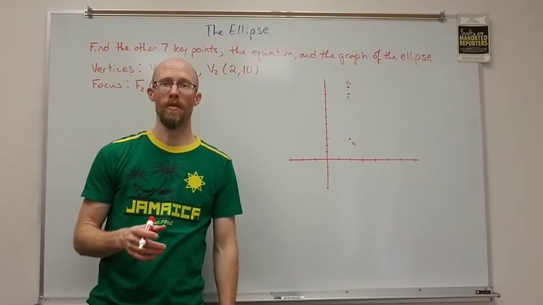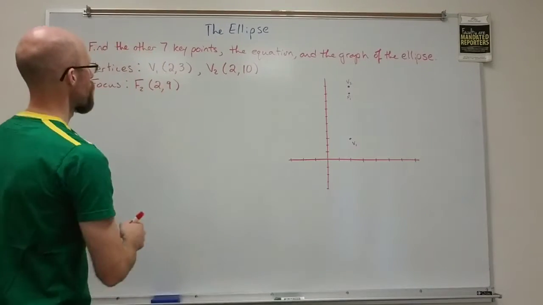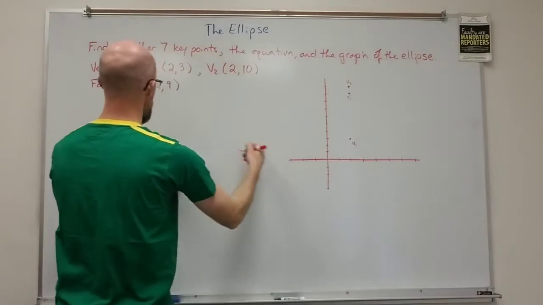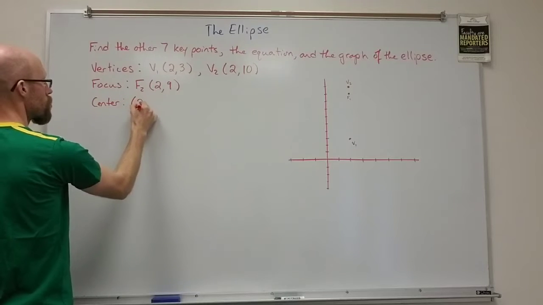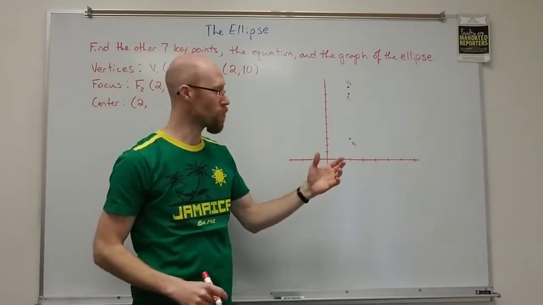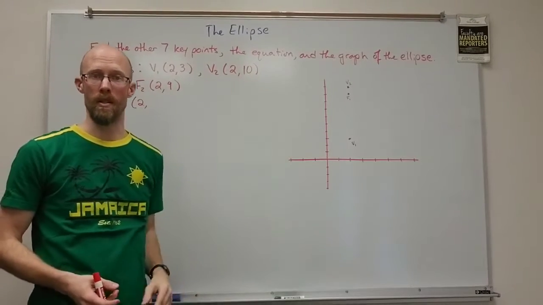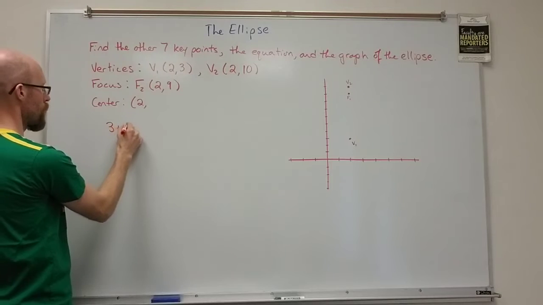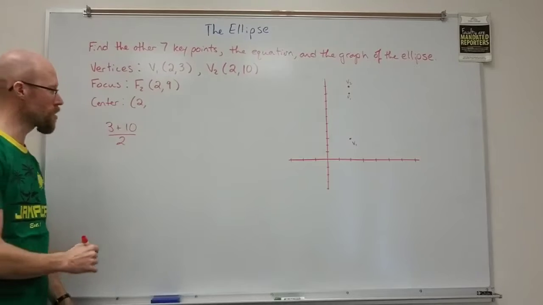First of all, I know that the center is halfway between the 2 vertices. So if I think about these vertices being there, it's a fixed value of 2 in the x direction. So I know that the center will be at 2 in the x direction. I just have to find the y value now. The y value would be the average of the 2 y values in the vertices, right? It's halfway between them. So if I average them, that'd be (3 plus 10) over 2, right? You add them together and divide by 2, that's an average.